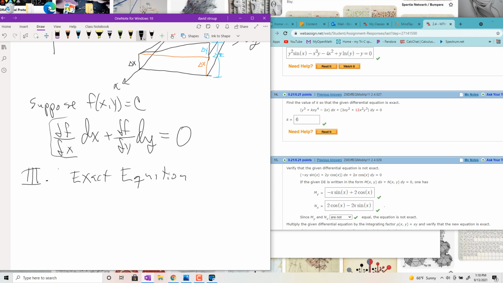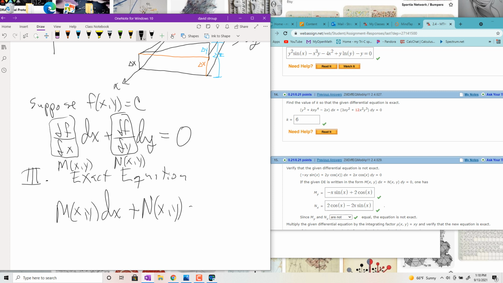Instead of writing the partial with respect to x, I'm going to put a big M of x,y. So it'll be M of x,y dx plus, and then instead of writing the partial with respect to y, I'm going to write this function of x and y, N of x comma y, dy equals 0.